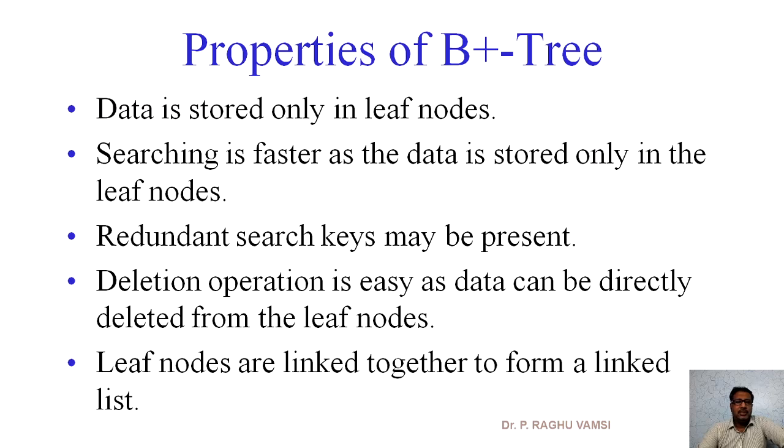Whenever B plus trees are used for the indexing of databases, if they reject the duplicate keys, then they may not fit for indexing. So the reason B plus tree has the property that redundant search keys may be available for insertion into the B plus tree. Because of this nature, B plus tree has gained significant attention in databases for indexing purposes.